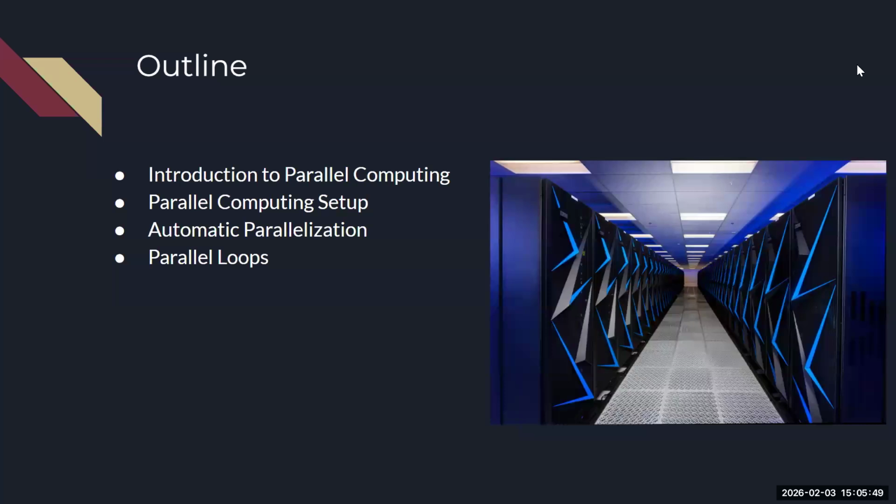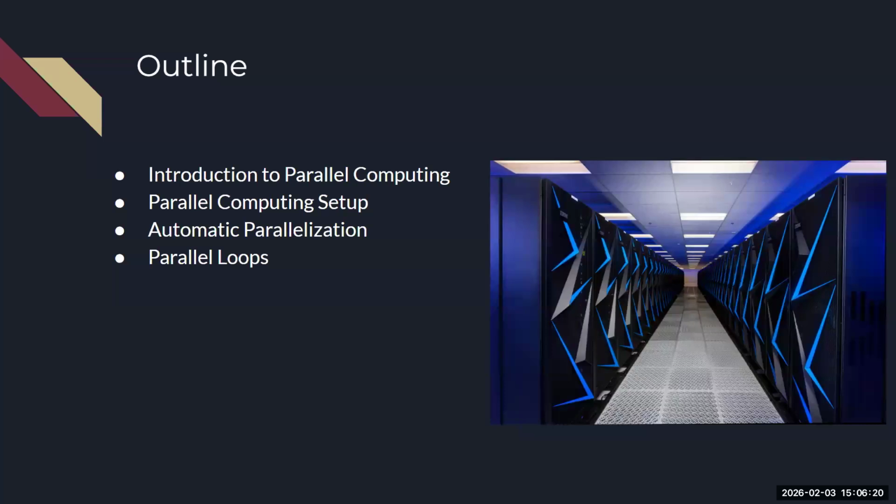So in this workshop, we're going to go through a few different things. The first thing is a basic introduction to what parallel computing is, and we'll cover a couple of important terms and concepts, particularly as they apply to MATLAB specifically. We'll talk a little bit about parallel computing setup within MATLAB, and how to go about getting a MATLAB job started on the Research Computing Center systems.